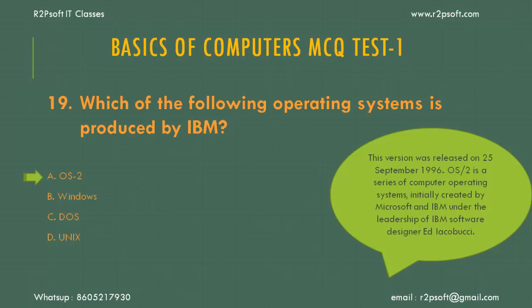Friends, this version was released on 25 September 1996. OS2 is a series of computer operating systems initially created by Microsoft and IBM under the leadership of IBM software designer E.D. Lacobussi.